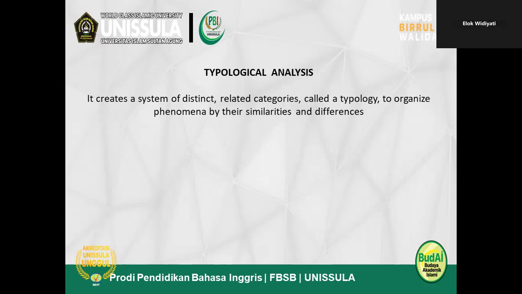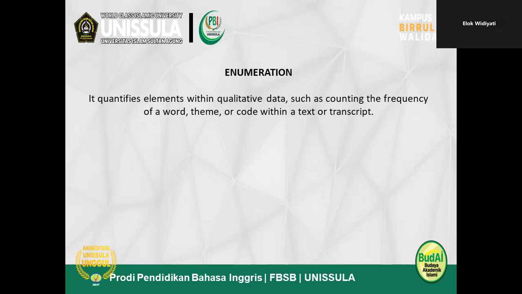Now we move to the third one. Before having the enumeration, for the types of data analysis in qualitative research, we have this one first, typological analysis. What's that? Actually the aim is creating a system of distinct related categories called a typology to organize phenomena by their similarities and differences.